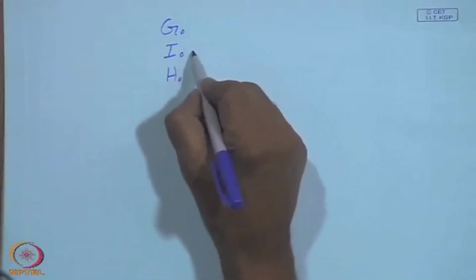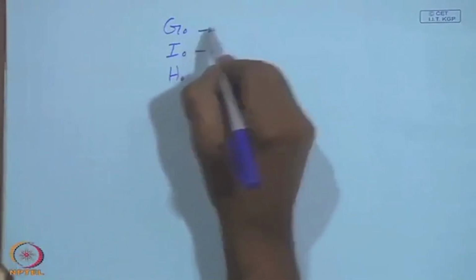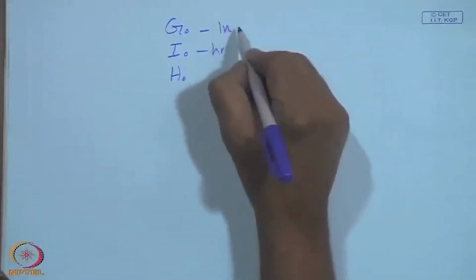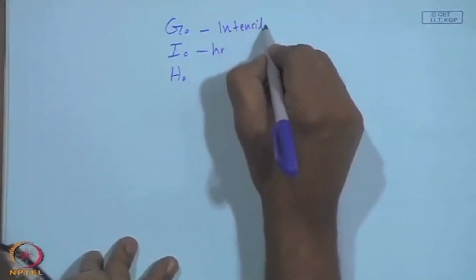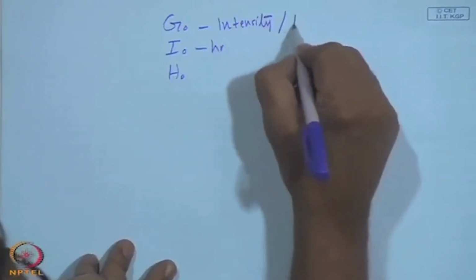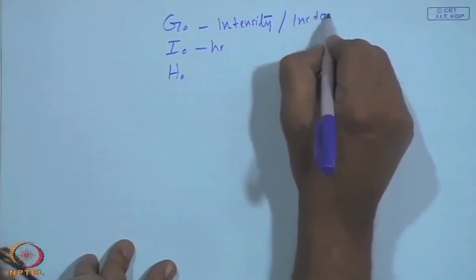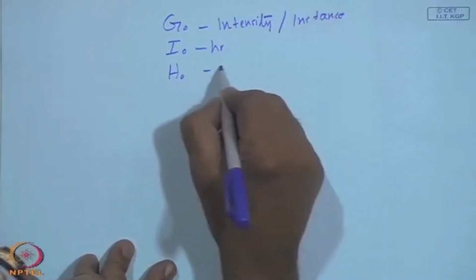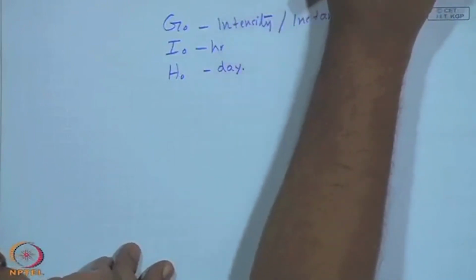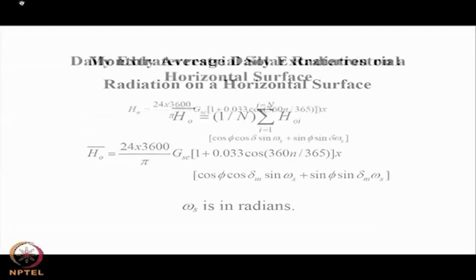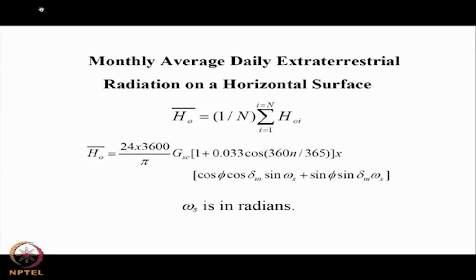Generally, this is used for hour, this is intensity or instant, this is day. Right. So, it is good if I can deal with the daily values.